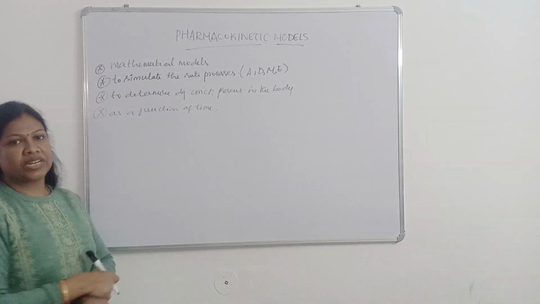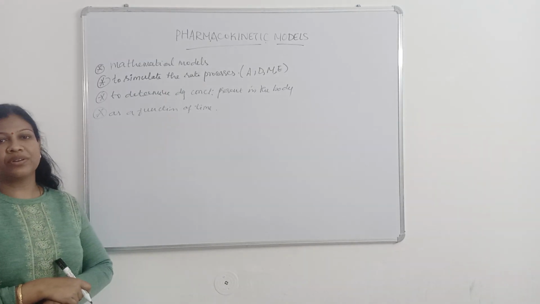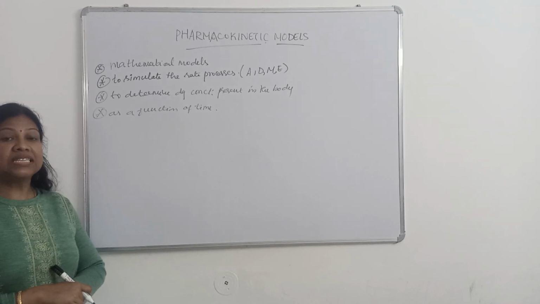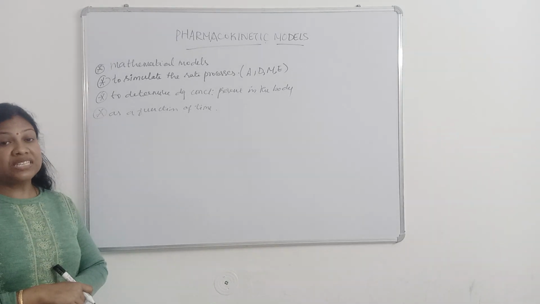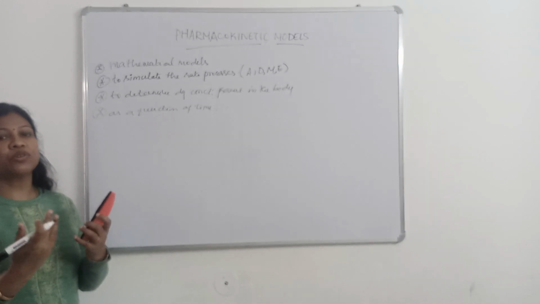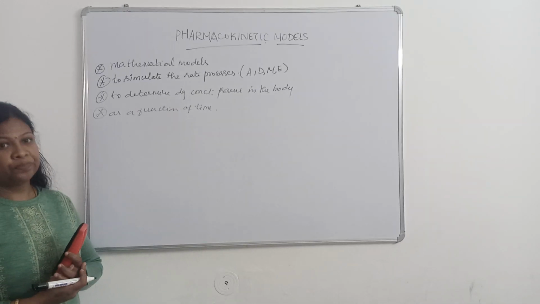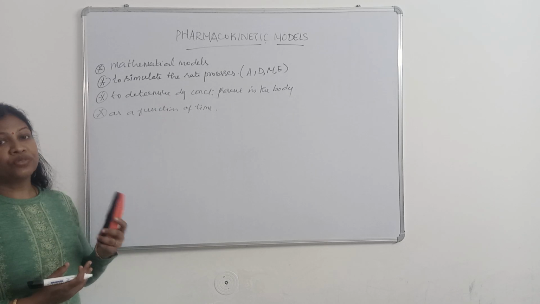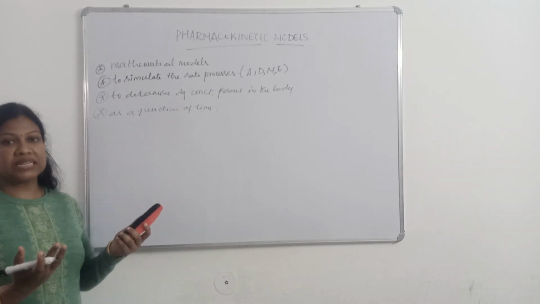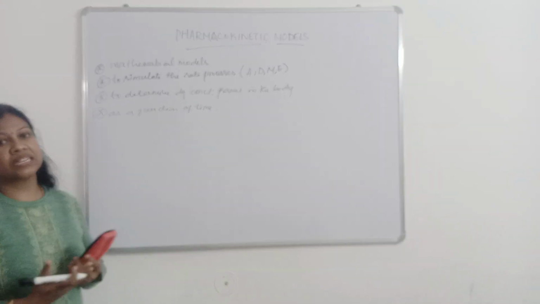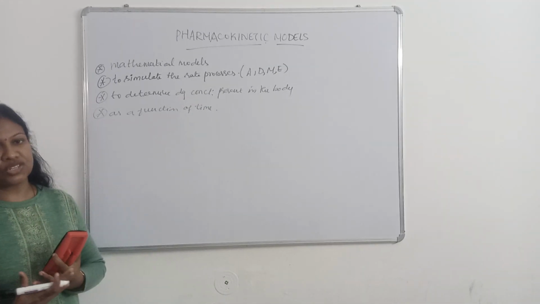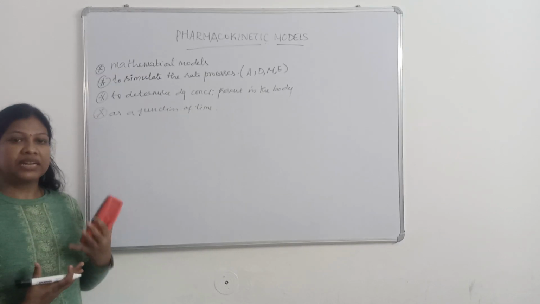So this is a pharmacokinetic model. You have to define it as a mathematical model which simulates the rate processes, that is absorption, distribution, metabolism and excretion, used to determine the drug concentration, or the change in drug concentration, in the body, which includes plasma and various tissues, as a function of time.